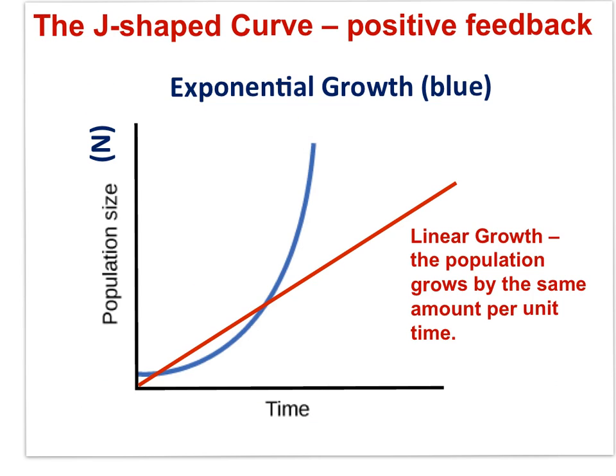Be sure to distinguish exponential growth from linear growth. With exponential growth, the number added to the population increases with each unit of time, while with linear growth, the number added is the same per unit of time.